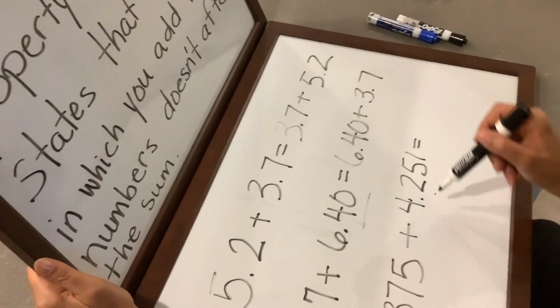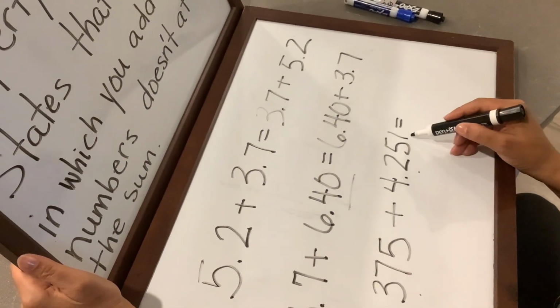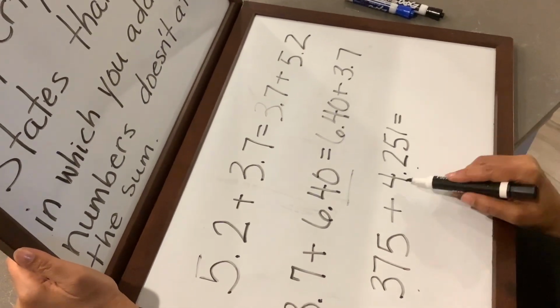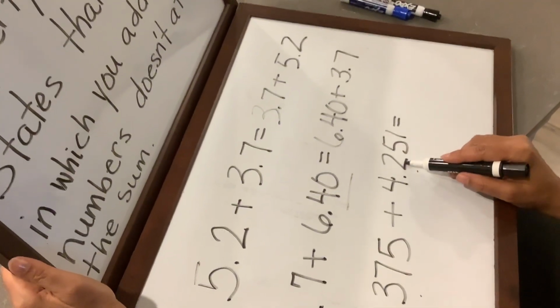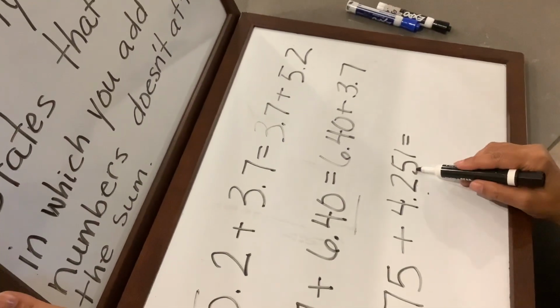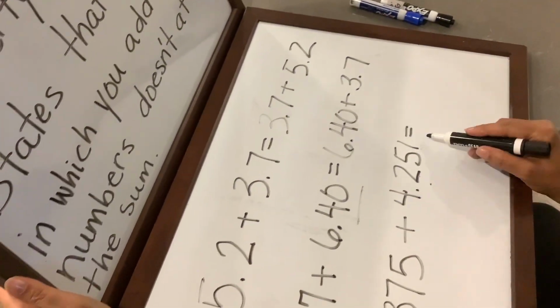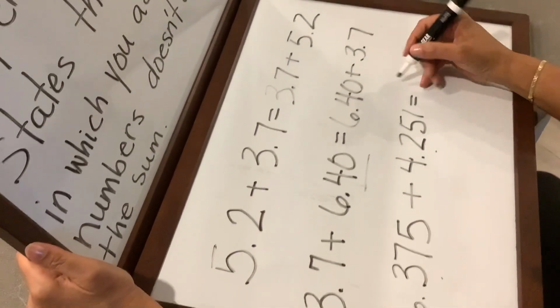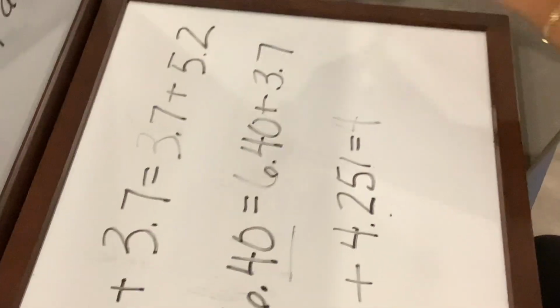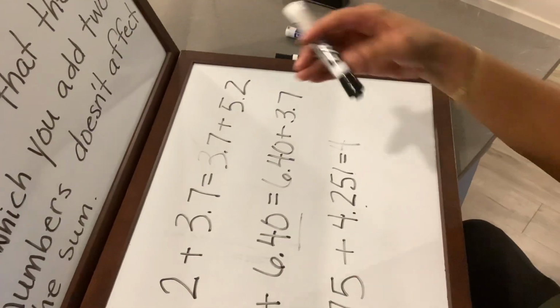Okay, you read the number. So this is 251, right? So you say 4 and 251 thousandths. Okay, so let's go with this one.